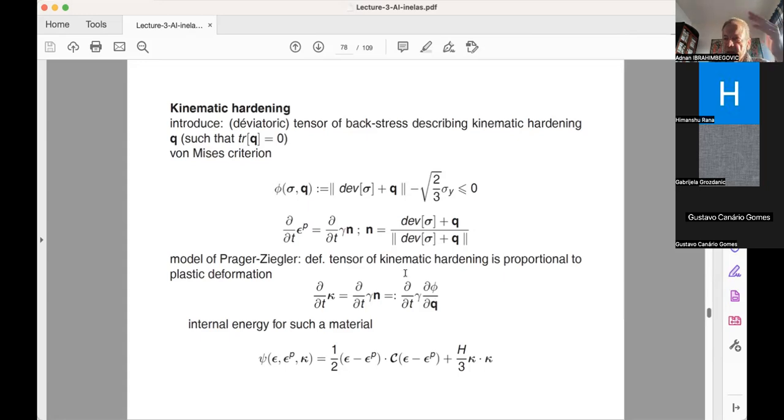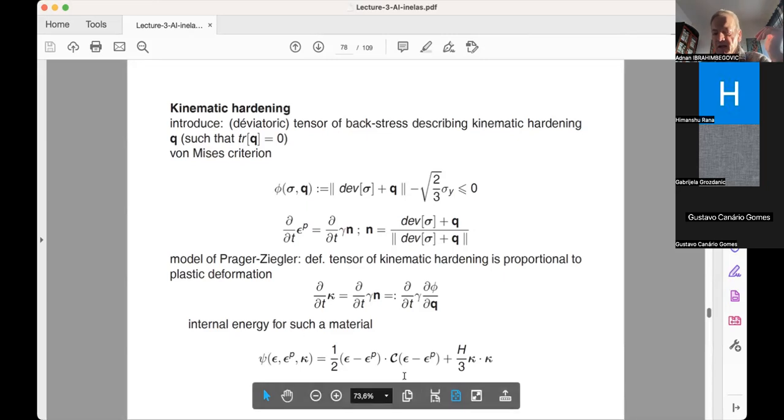So other than the decomposition of the total strain, I have to provide the energy. So the energy, if you have kinematic hardening, could be written again as the quadratic form of the elastic strain. This is 1/2 (epsilon minus epsilon plastic) dot C (epsilon minus epsilon plastic) plus H divided by 3 times kappa dot kappa.